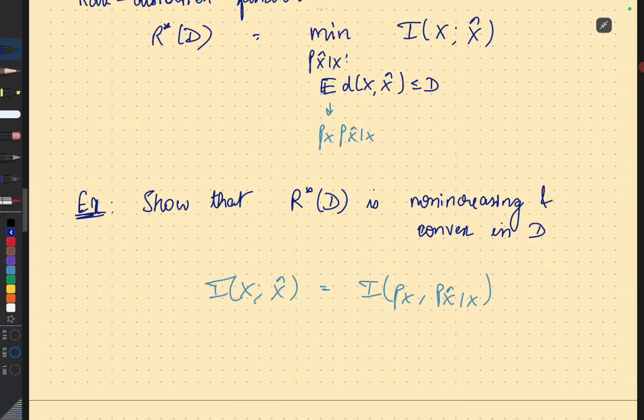So the main tools in all of these are basically the same thing. We'll use the chain rules of entropy, mutual information, and so on. We'll use some version of either Fano's inequality or data processing inequality, and essentially clever bounds on the entropies and mutual information.